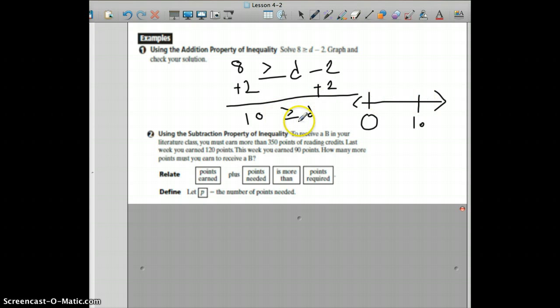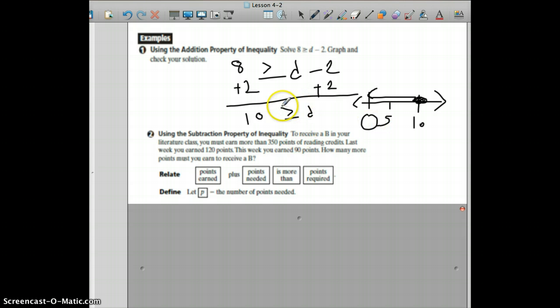Because it's an equal to, I fill it in, which means 10 is filled in. 10 is greater than or equal to D. So where is 10 greater than or equal to D? That means my solution is going to go to the left because D is actually less than or equal to 10. So I realize that 5 would work.